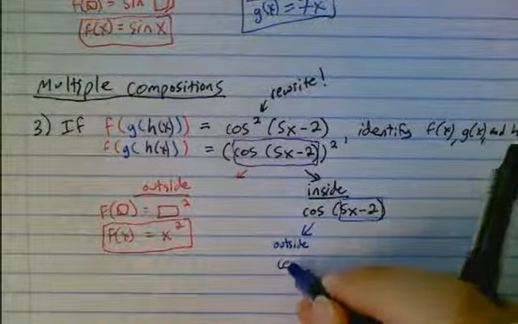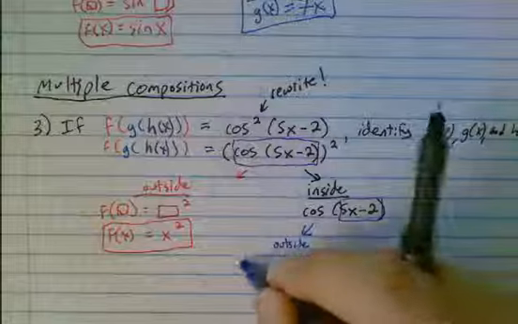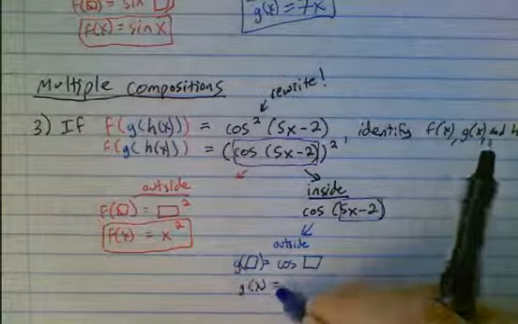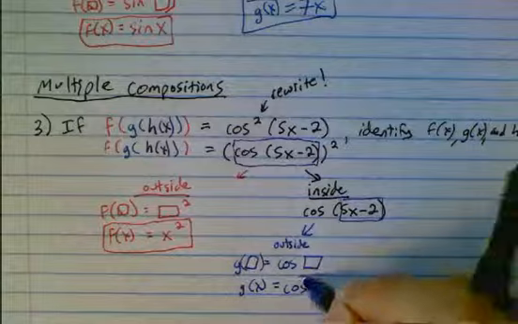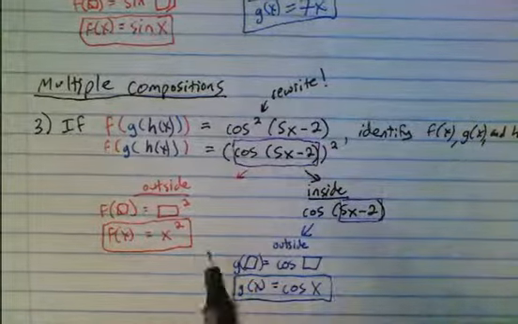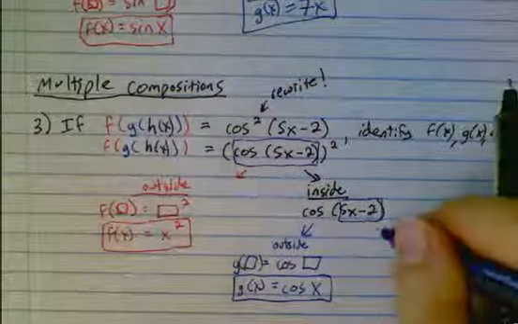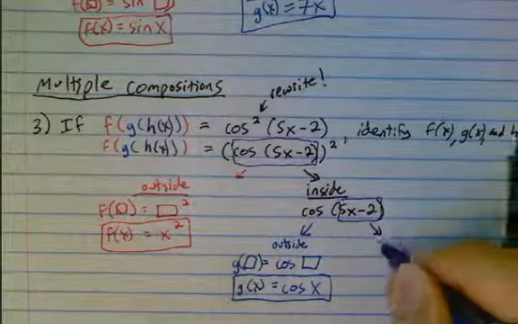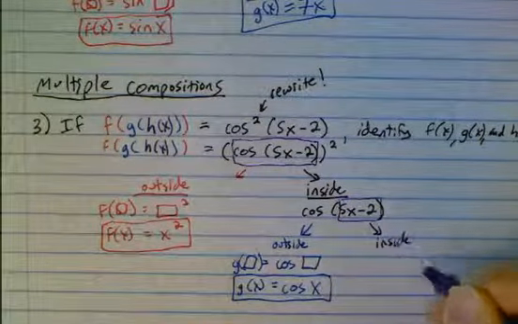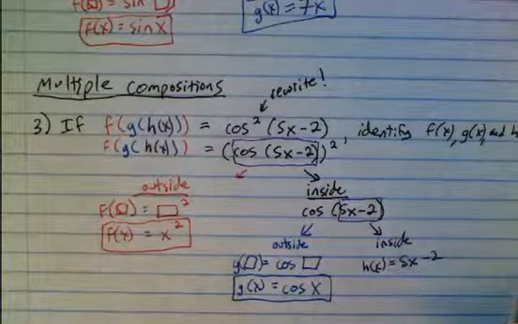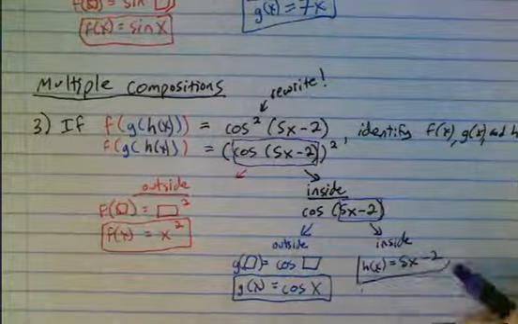That's cosine of something, g of x is cosine of x. Now h of x is purple, it's the inmost layer here. So we're looking at what's inside the final box. This is just 5x minus 2, so h of x equals 5x minus 2.